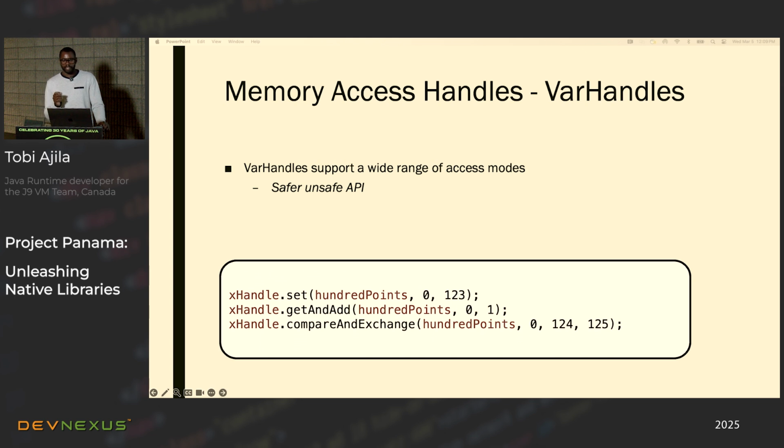But the key difference is that with var handles, there's additional safety in that the bounds are enforced and the scope is enforced. So you can only access memory that's live within the spatial bounds that have been set. So it's less likely that you're going to crash the VM using this.